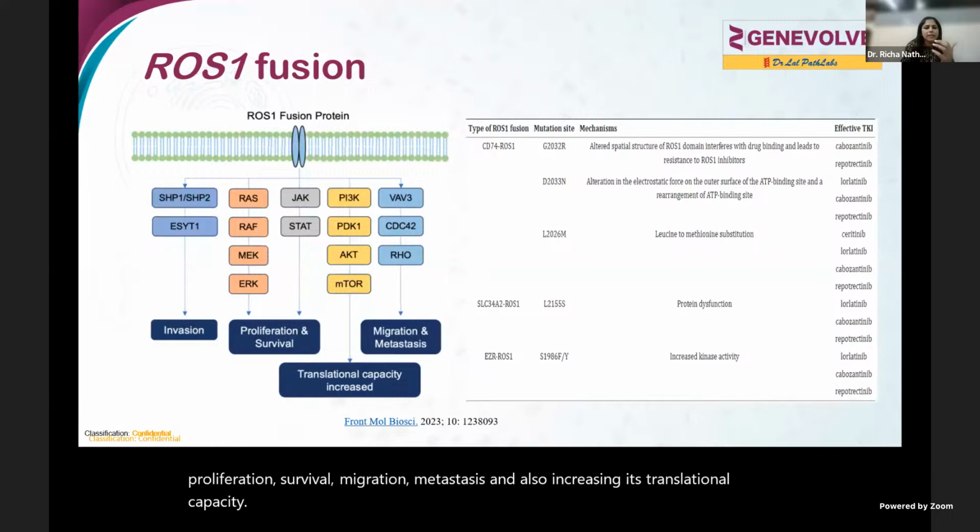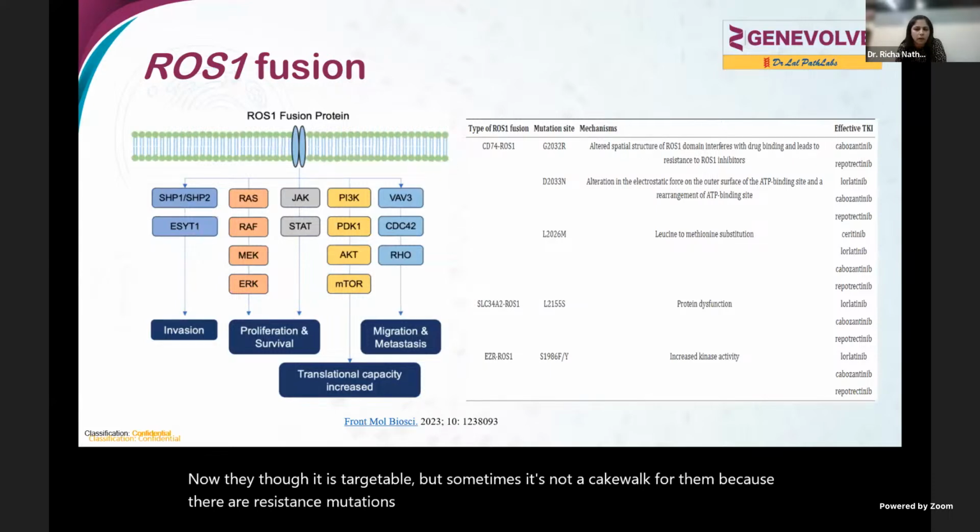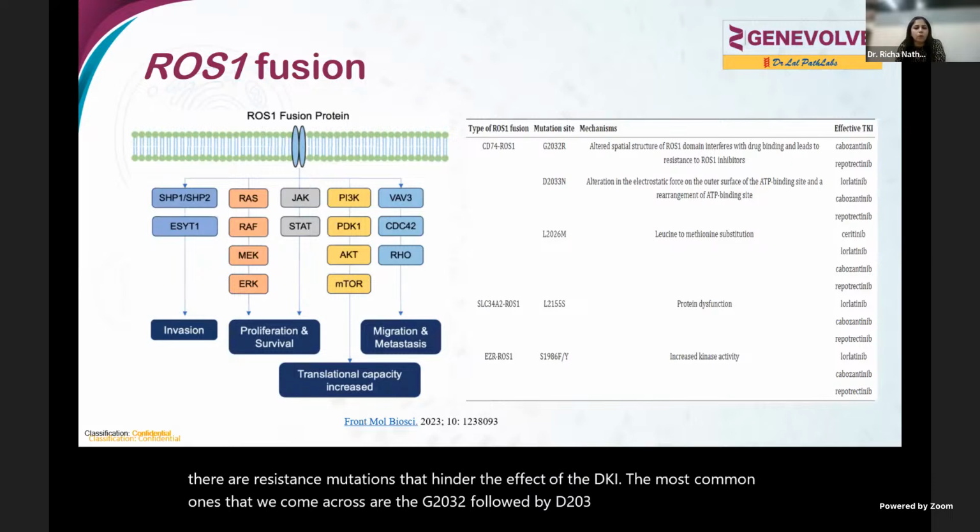Now, though it is targetable, sometimes it's not a cakewalk because there are resistance mutations that hinder the effect of the TKI. The most common ones that we come across are G2032, followed by D2033, and so on.